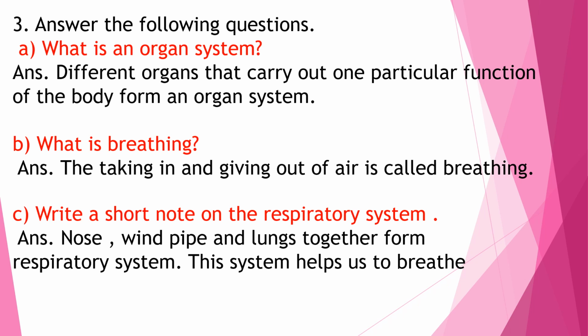The answer is, different organs that carry out one particular function of the body form an organ system. Children, an organ system is a group of organs. Okay? A group of organs that work together, that function together.